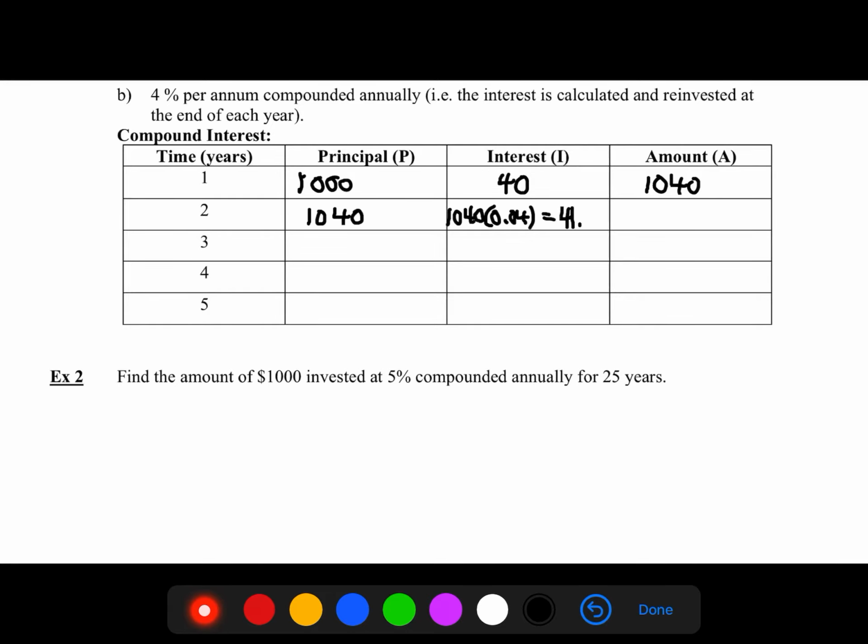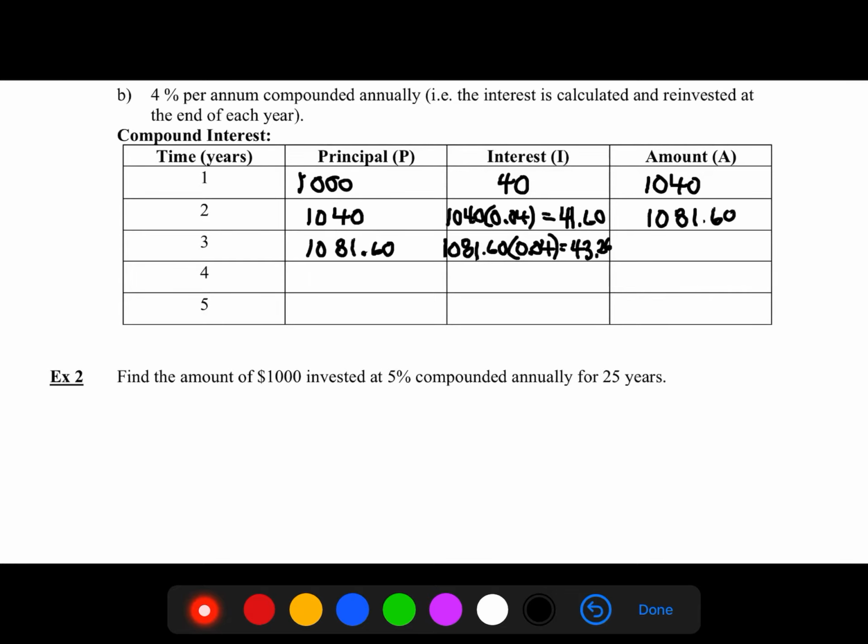So interest is calculated as 1,040 times 0.04, which means that we're going to have $41.60 in interest for that year. Again, we add that into our account, which means that we now have $1,081.60 in the account, which becomes the principal for the next year.